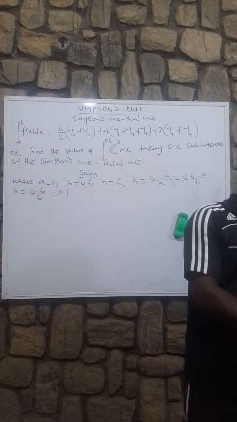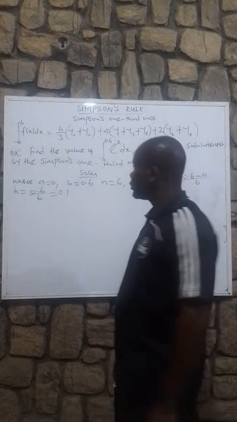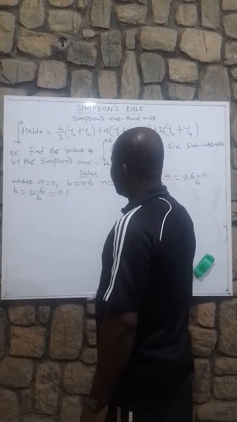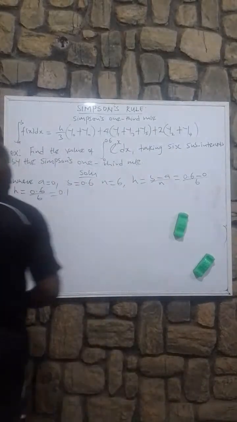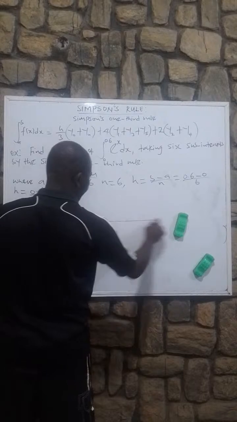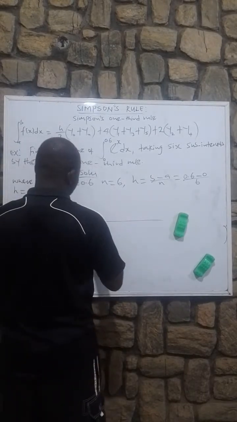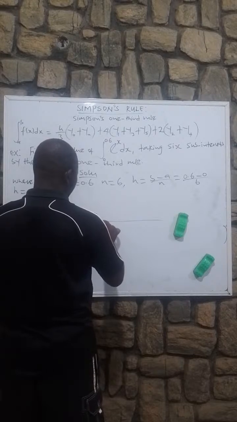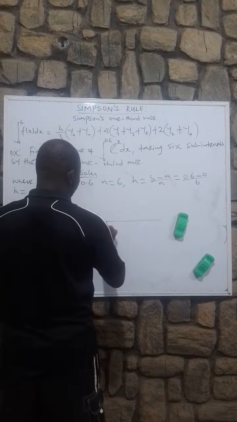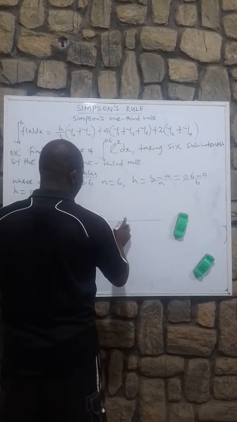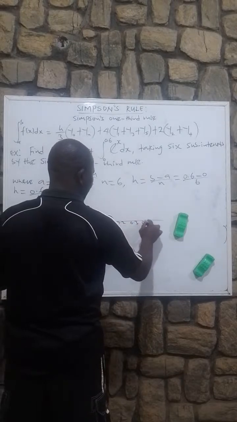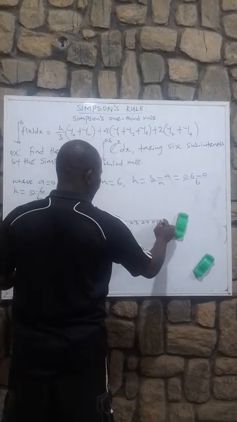But here it is a fraction. So instead of 0, 1 and so on, we are going to have 0.1, 0.2, 0.3, 0.4, 0.5 up to 0.6.